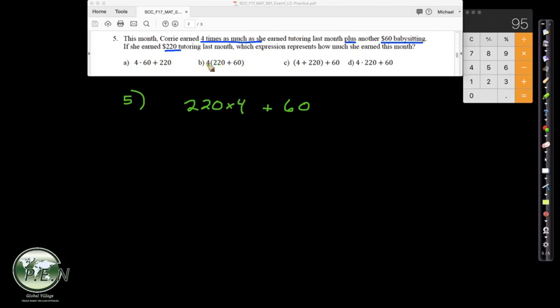Well, this doesn't work because this is adding and then multiplying. This is multiplying the wrong things. She earned 4 times the tutoring amount, so it's got to be D. Multiply and then add. They've written it in a different form. They put the 4 first, but it's the same thing as what we had. Very good.